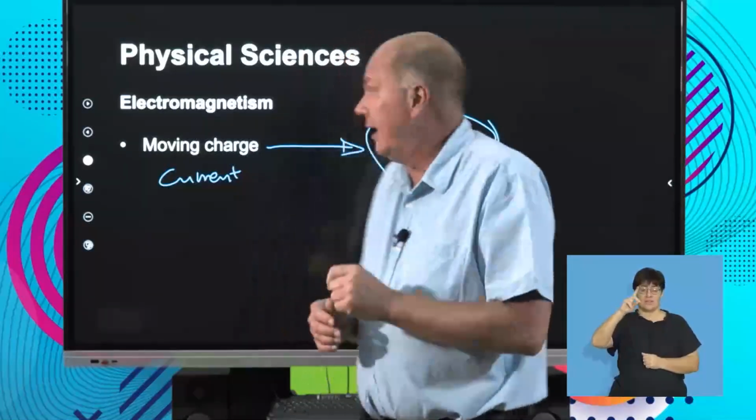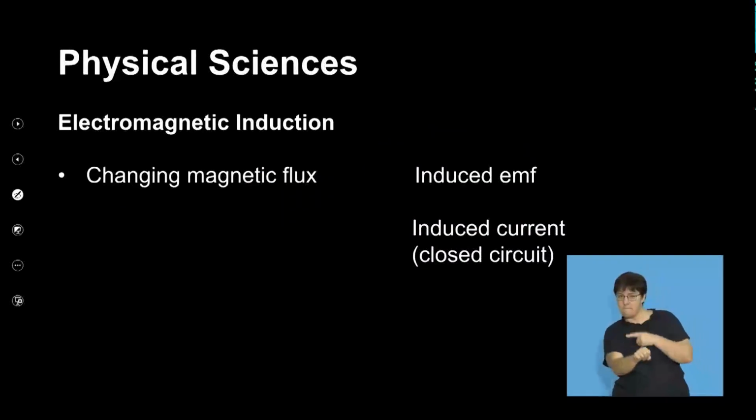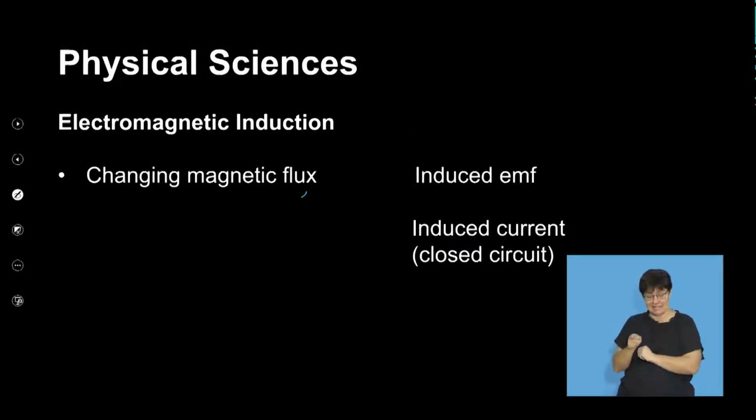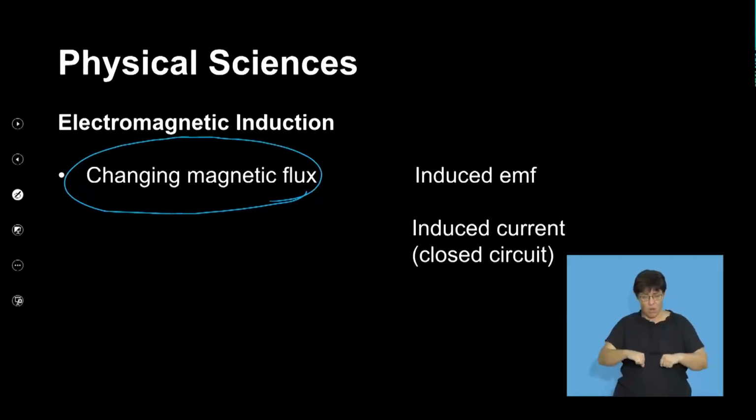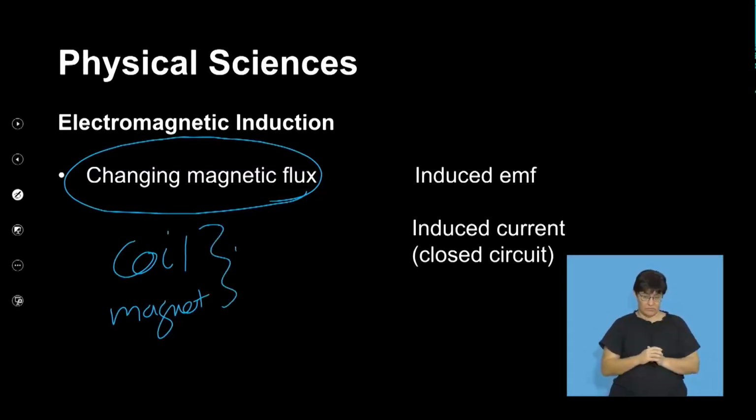But he worked out that if we take magnets and we allow the magnetic flux to change, by either changing the position of a coil, so you can move a coil, or you can move a magnet, if you move either of these, then guess what happens?